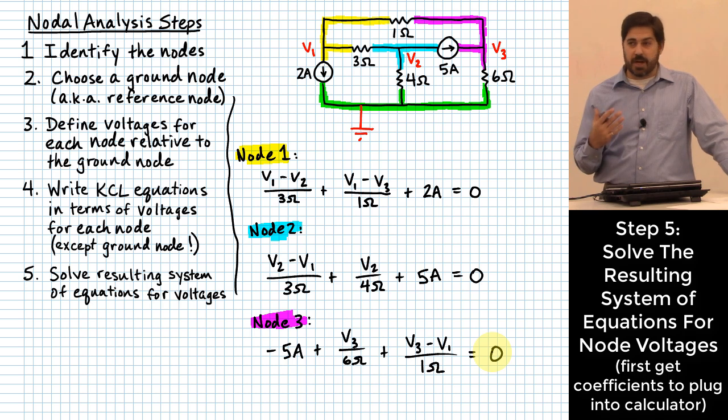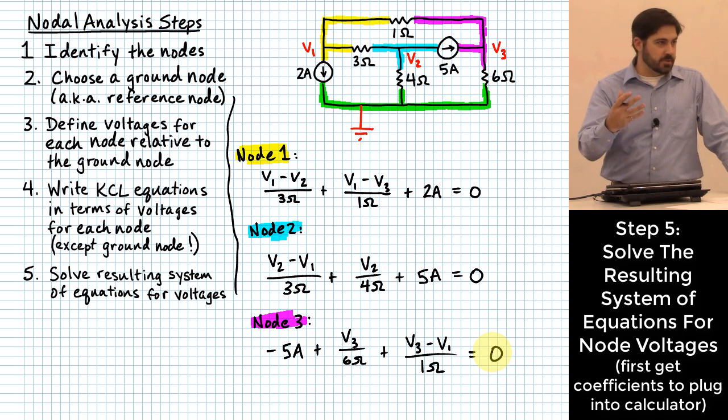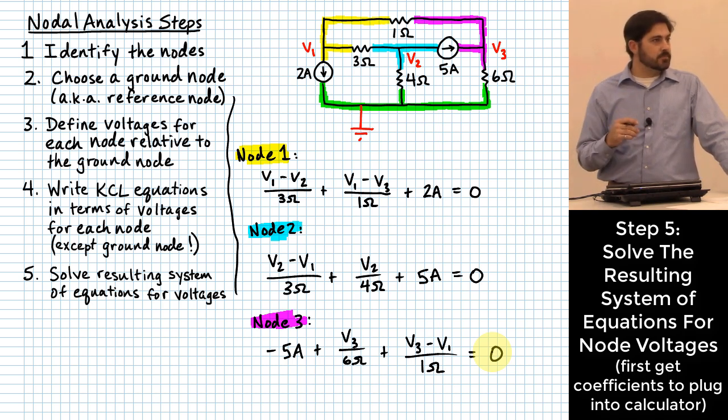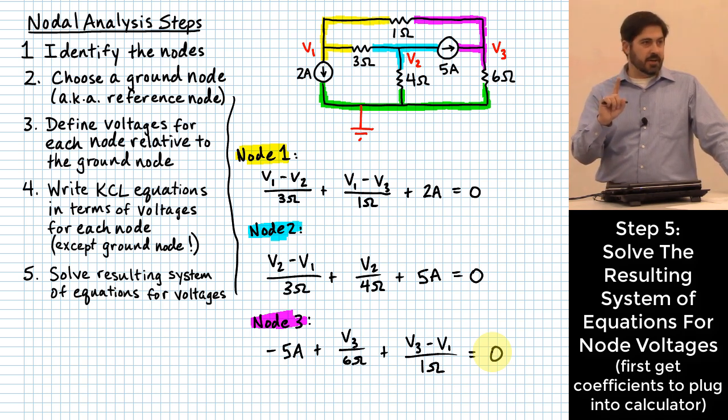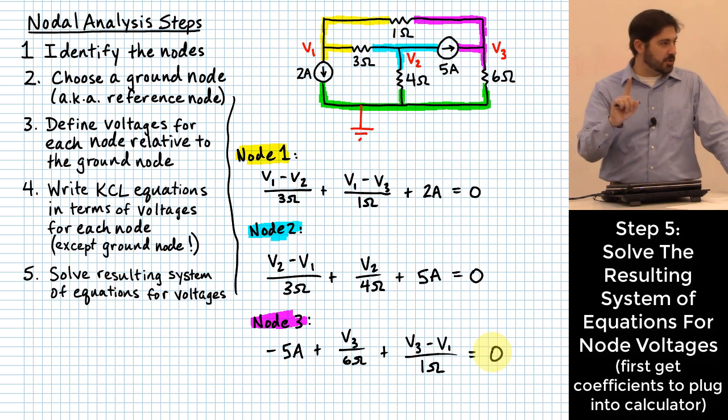So a lot of you have calculators that will do systems of equations. Those calculators you have that do systems of equations, what format are they looking for you to put information into them in? Typically what they want is a coefficient that is multiplied by the first of your set of variables that you are trying to solve for.